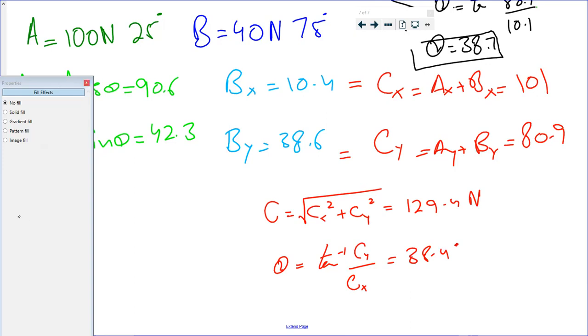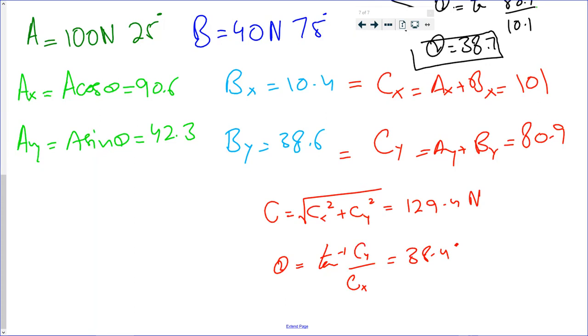What are the steps? Find x components, add all x components to get the resultant x.